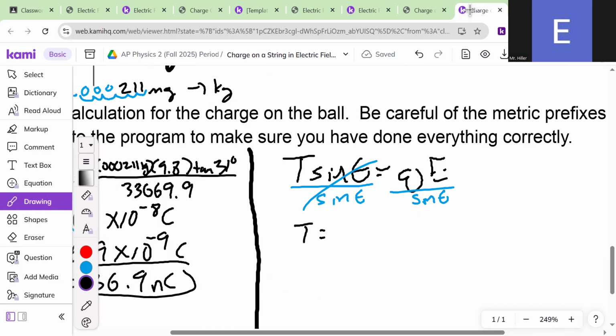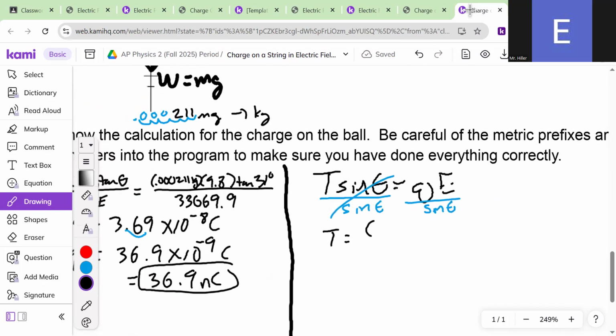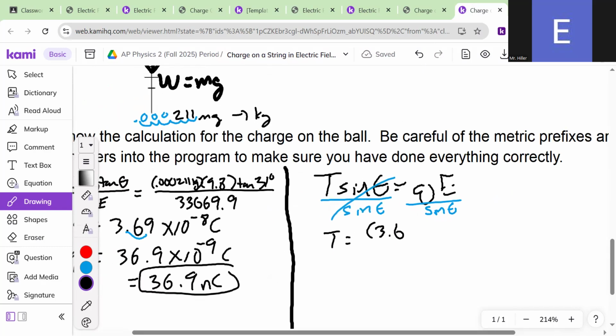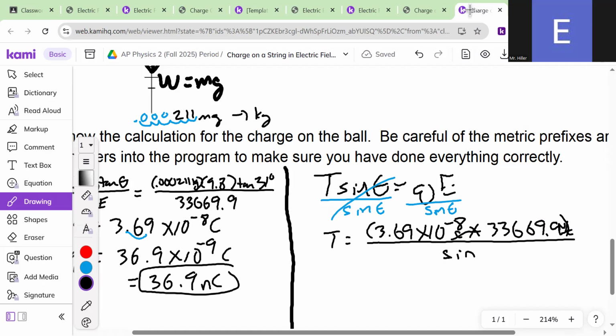So tension would be Q, which I'm going to use the actual value there, 3.69 times 10 to the negative 8 times E, 33,669.9. That's coulombs, that's newtons per coulomb. You can see coulombs cancels. Divided by the sine of the angle, sine of 31. Put that in our calculator.